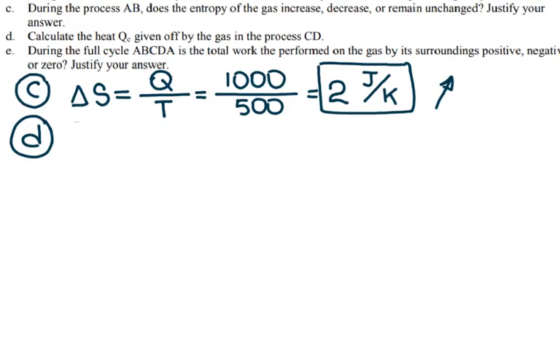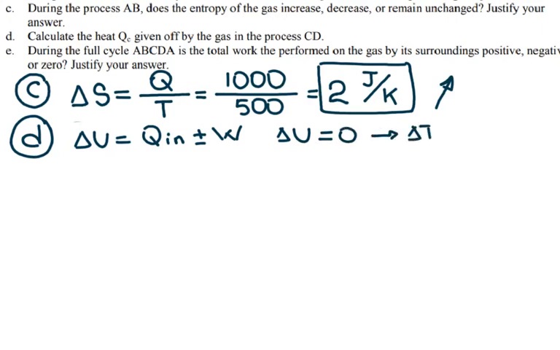We have this formula: delta U is equal to Q in plus the work done on the gas, or minus the work done by the gas. Because our delta U is equal to 0, since there is no change of the temperature on CD and AB, right? So it's just an isothermal process.